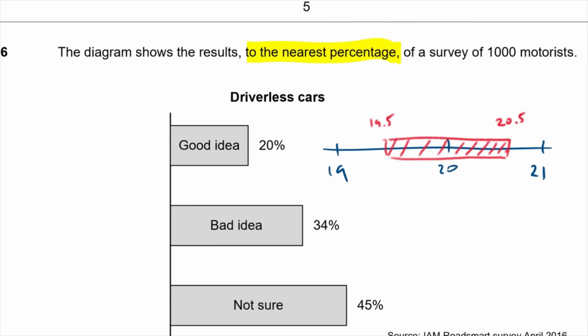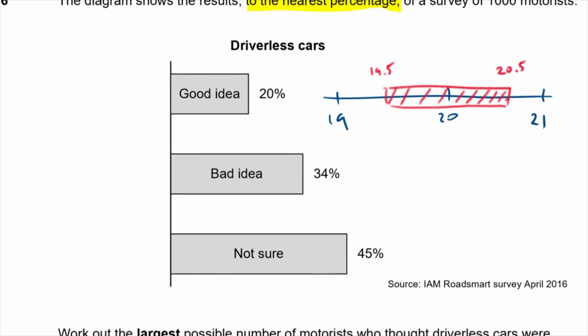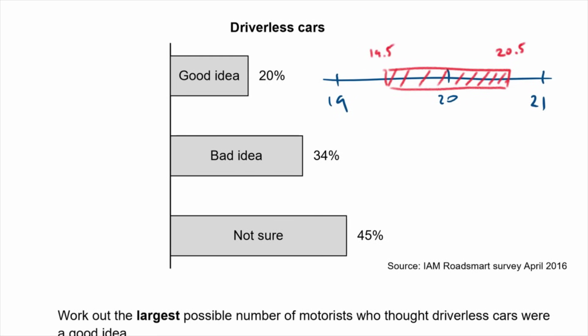So work out the largest possible number of motorists who thought driverless cars were a good idea. The largest possible is going to be the larger of those percentages then, isn't it? So I'm going to be using this upper limit then, 20.5, to calculate.